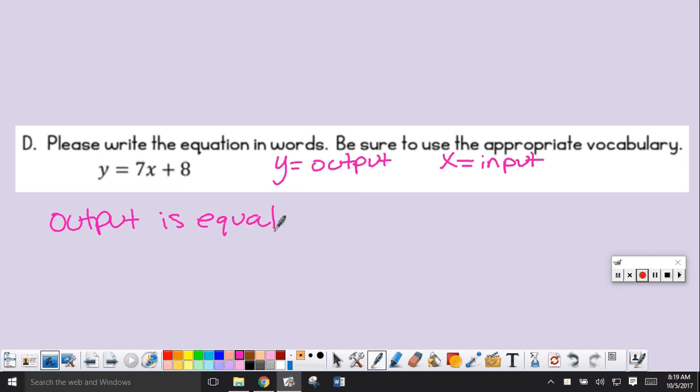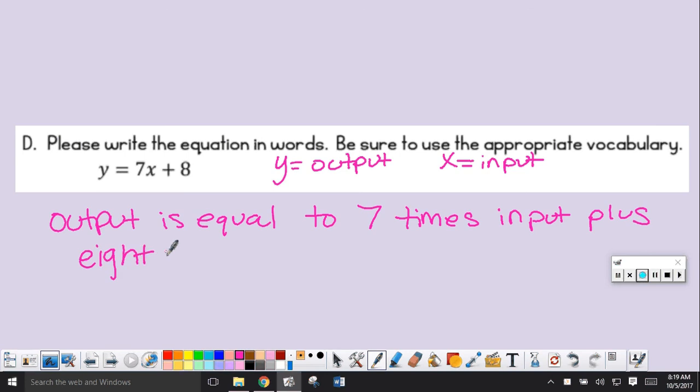I will take points off if I see any symbols because symbols go in equation, words go into a verbal description. So output is equal to 7 times the input plus 8. Every single thing needs to be in words, not in symbols.